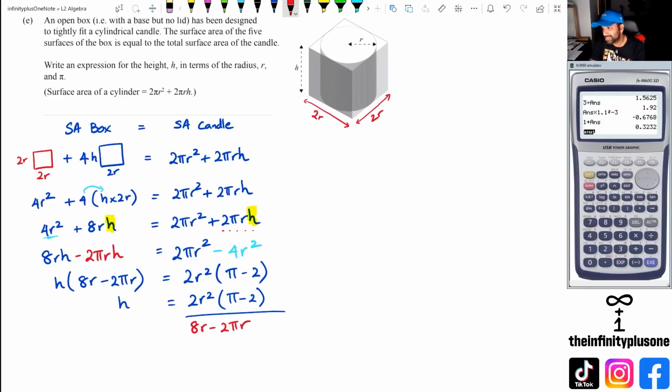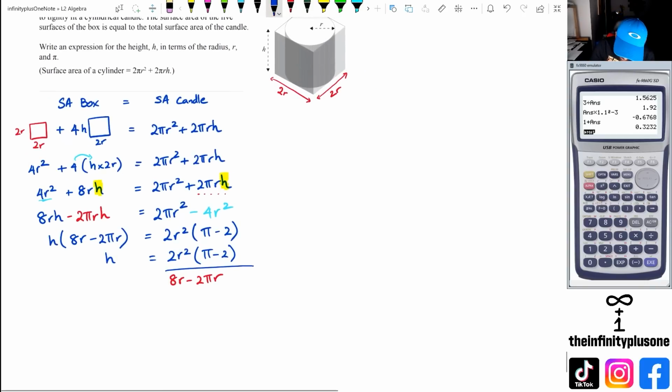But looking at the answer schedule, it actually gives you only 1 excellence for correct expression, but not simplified. So you've got to actually simplify it to get the double excellence grade, which means we need to do a little bit more work here. So we've got h is equal to 2r squared times pi minus 2.